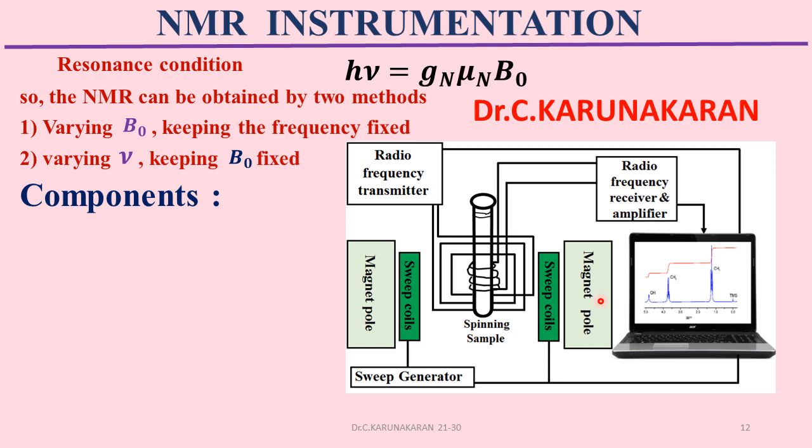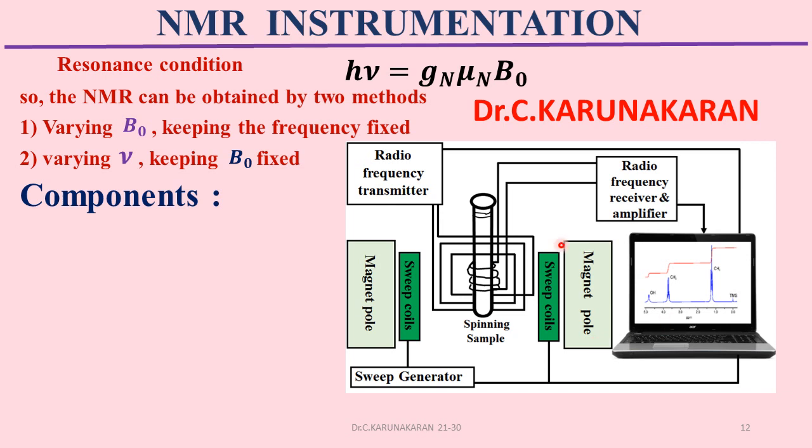In this case, the magnetic field is varied by keeping the frequency constant. In most of the NMR instruments, the magnetic field strength is varied by keeping the nu constant, fixed.